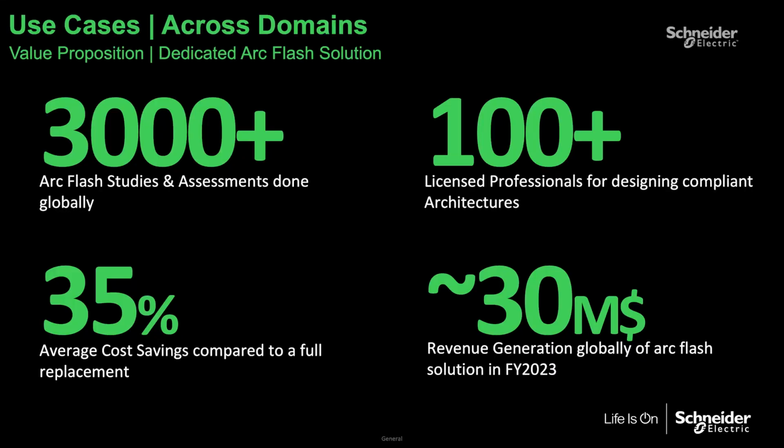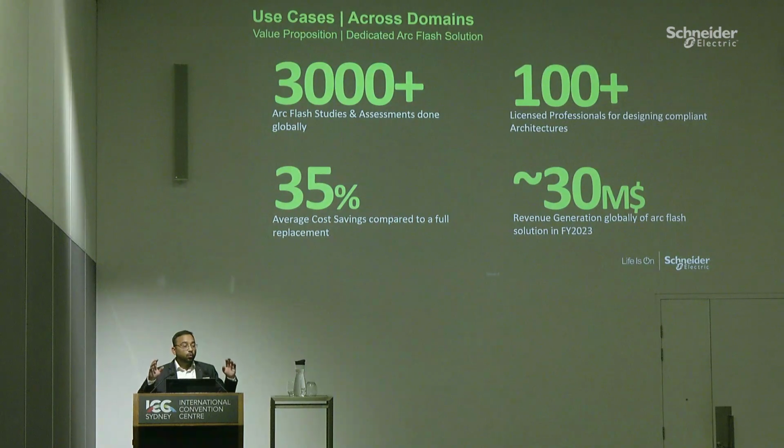And when I say architecture, you can come to us with an inquiry: I have my switchboard, can I have arc flash designing on this, or a recommendation from your side? We come back to you with specific positioning of sensors and an optimized number of sensors. We don't want to flood it with a lot of sensors. So those arc flash schemes can be given as an output from our side. And last but not least, $30 million of revenue generation and 35% is the average cost saving compared to a full replacement for arc flash.